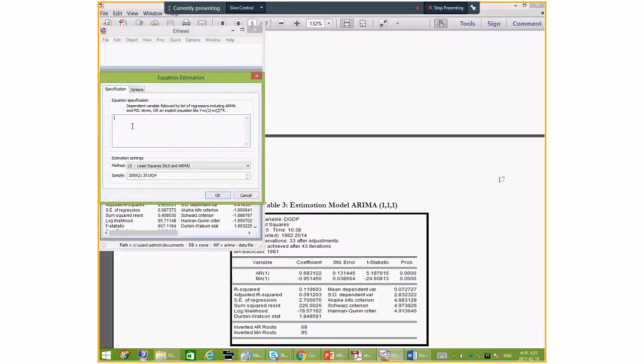Our variable is LRGDP equals, no, it's a constant, AR1, AR2, AR3, AR4, AR5, AR6, AR7, AR8, AR9, AR10, AR11, AR12, AR13 plus MA1.